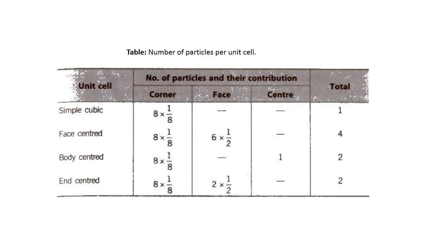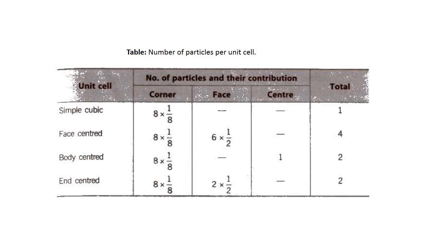And we know there are 8 corners in a unit cell, and one unit cell is further attached with 6 others. It means one corner of the unit cell is shared between 8 cells, so we have 8 corners, and 1/8 part of a particle from each corner. So ultimately we have a total of 1 particle per unit cell.